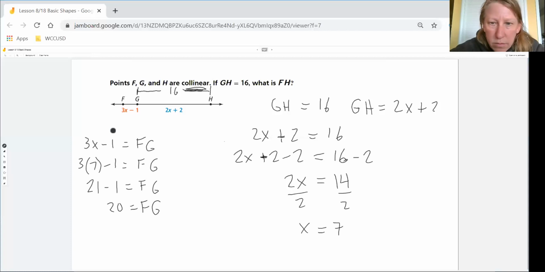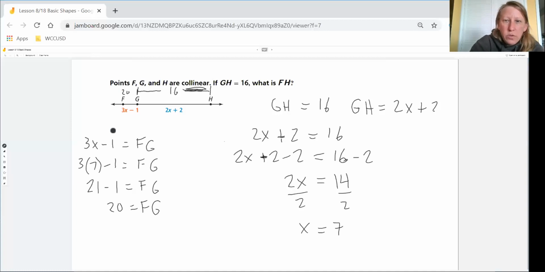Now I'm hesitating because that really doesn't look like it's 20 long. So this is a really crappy figure. This is supposed to be 20 steps right here. Did I do something wrong? I don't think so. So we still need to find FH.